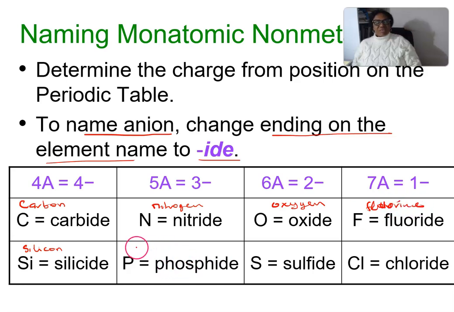This is phosphide from phosphorus. This is sulfide from sulfur. And this is chloride from chlorine. So we change the ending of the element's name to IDE.